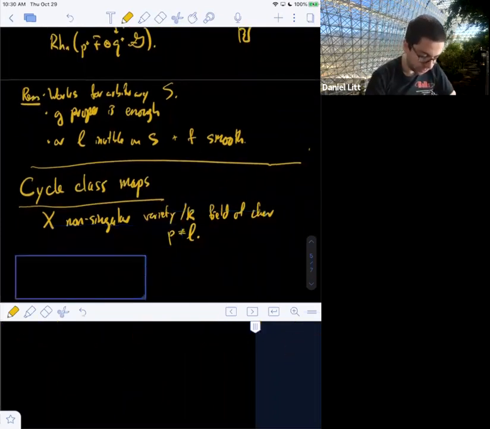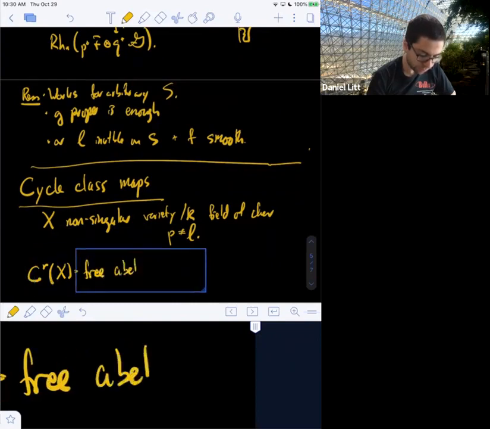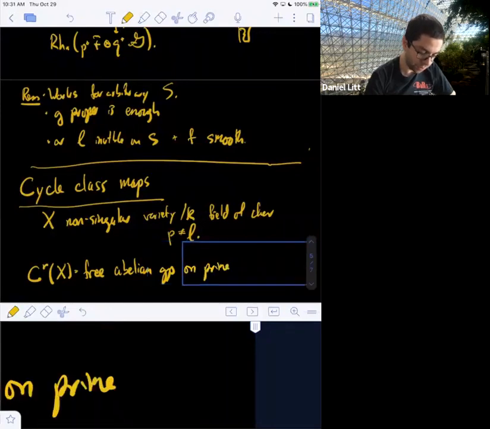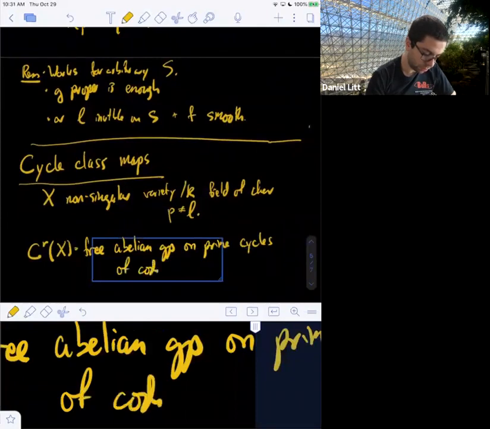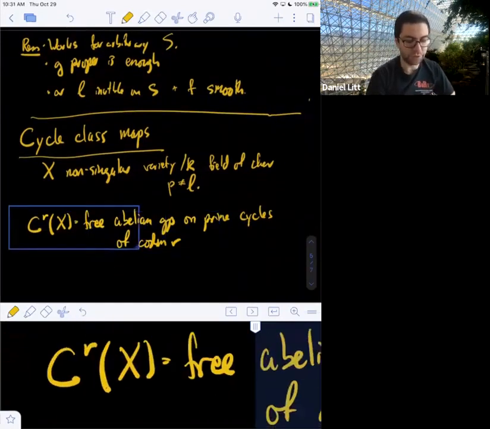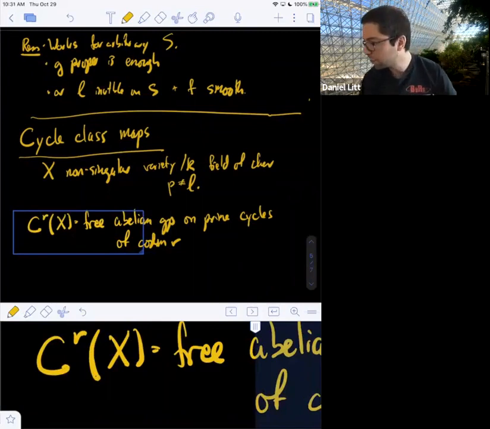So I'm going to let C^r(X) be the free abelian group on prime cycles. That just means irreducible subvarieties of codimension r. If you have any subscheme of pure codimension r, you can associate to it an element of this. You have to make sense of multiplicity, but let me ignore that for now.